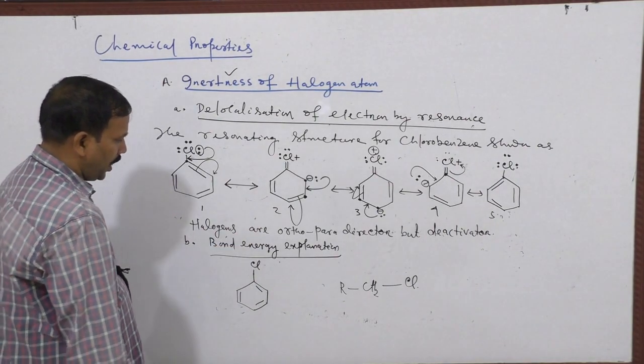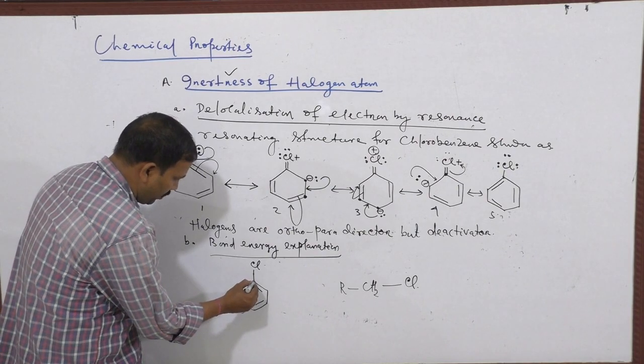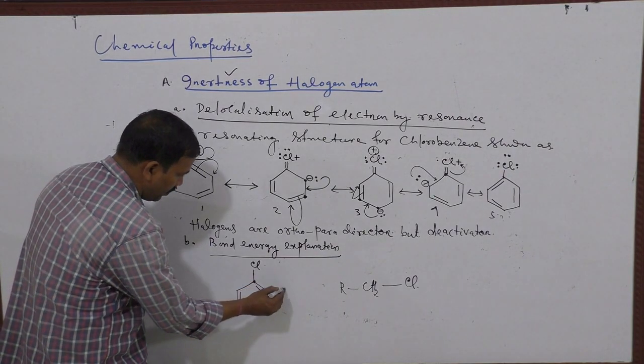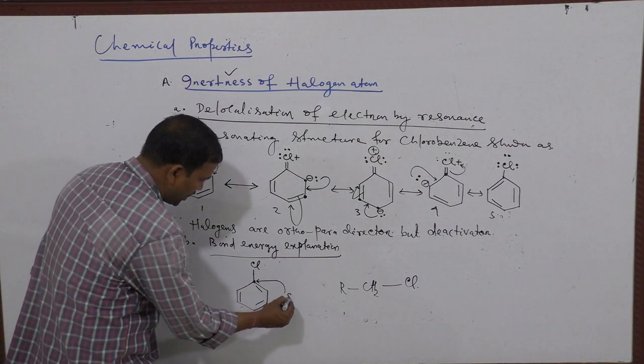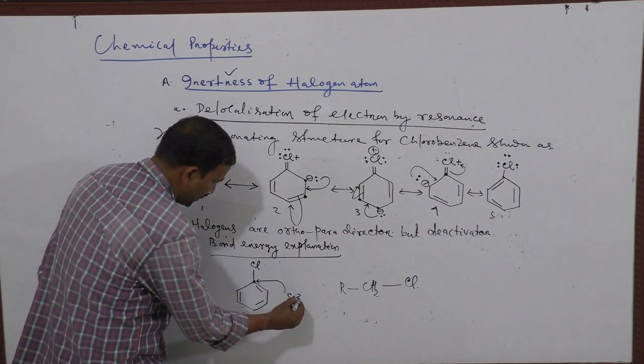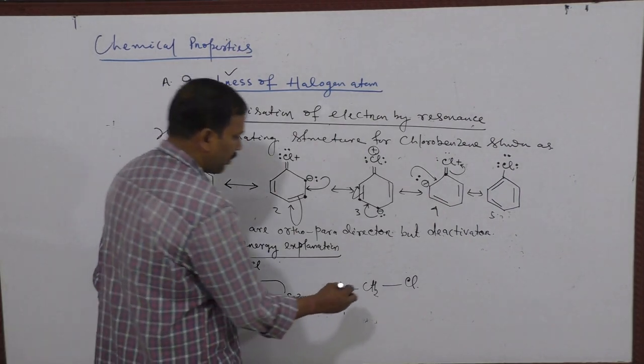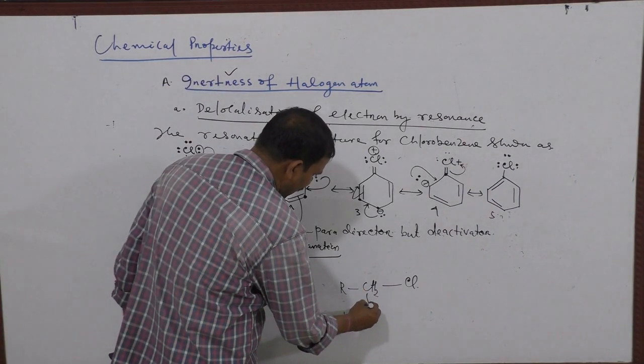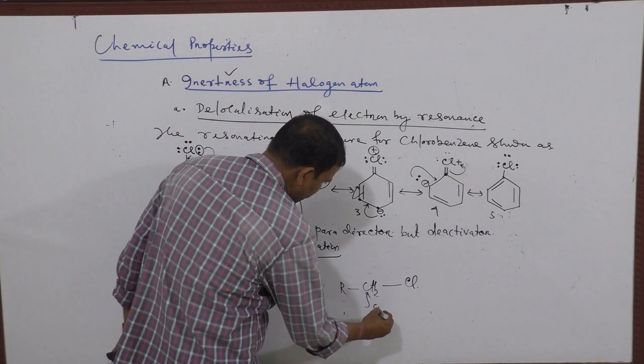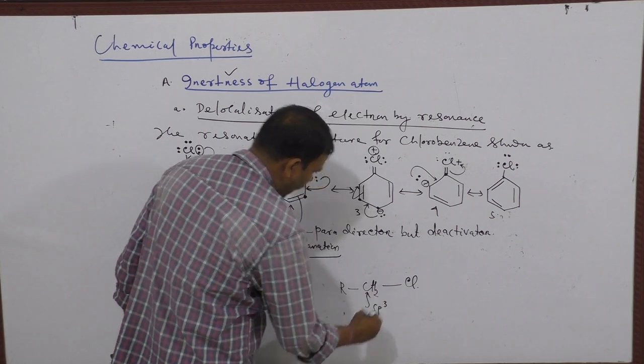Why? Now the halogen atom attached to the carbon atom becomes sp2 hybridized, but the halogen atom attached to the carbon atom in alkyl halide is sp3 hybridized.